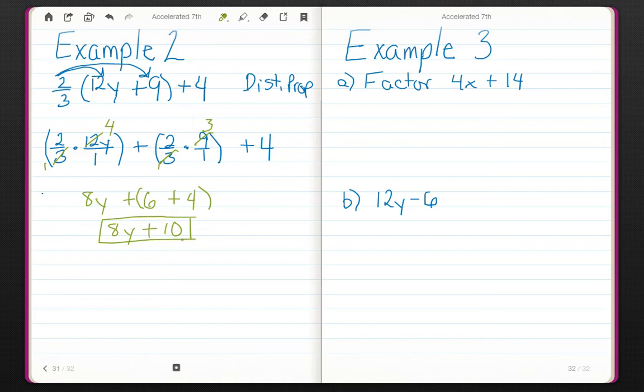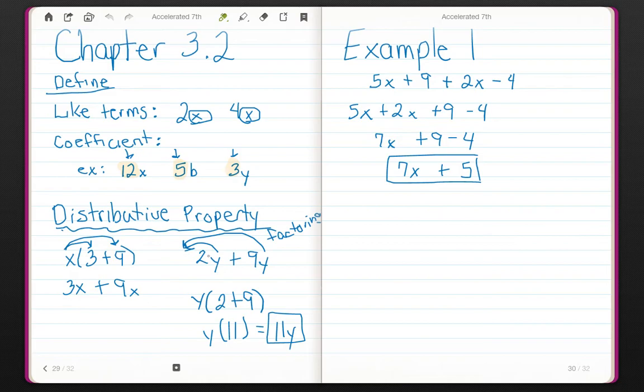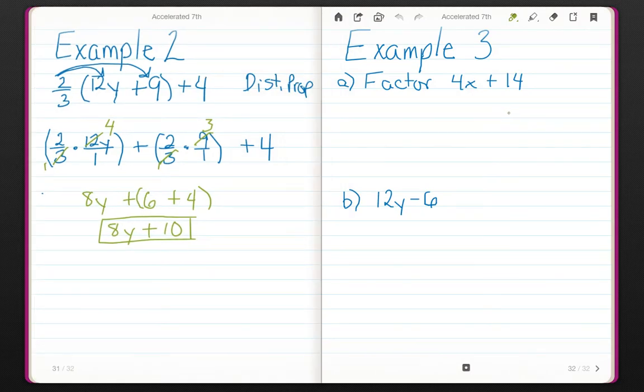Okay, example 3. I can use the distributive property to rewrite an addition expression as the product of two factors, meaning I can multiply things together. This process that I explained way back here is called factoring. So how do I apply factoring to example 3?